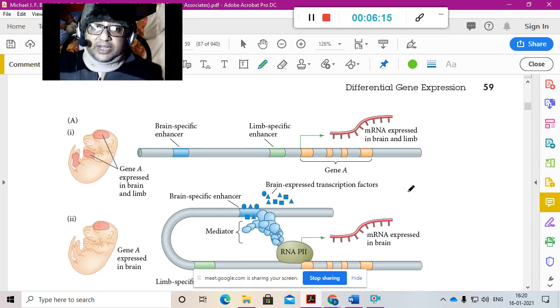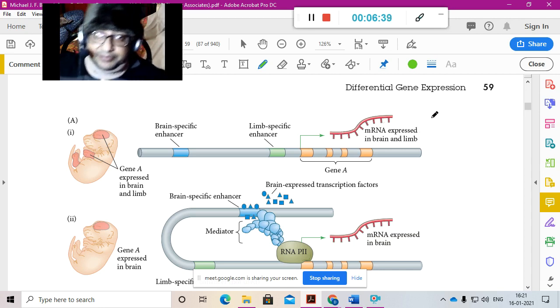Now let us look at this particular thing. Say gene A is expressed in brain and limb. This is gene A. You have a brain-specific enhancer and a limb-specific enhancer. If the binding takes place, this is the mRNA which is expressed in both brain and limb.